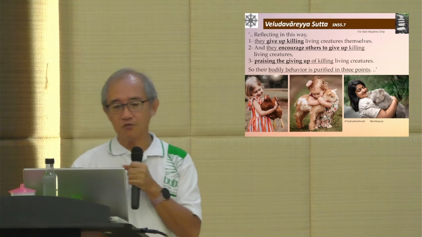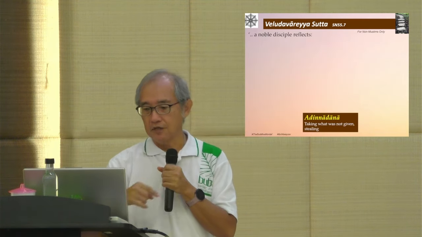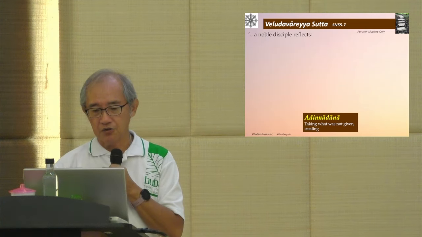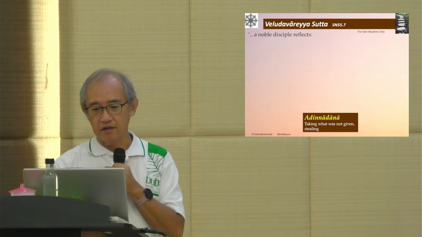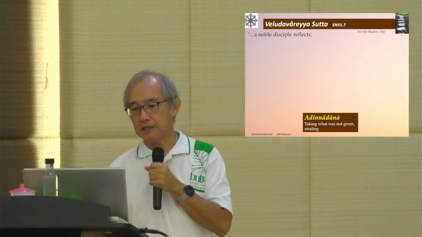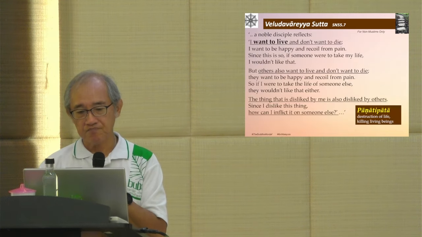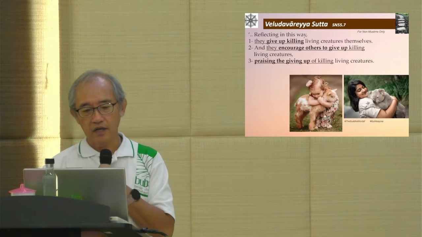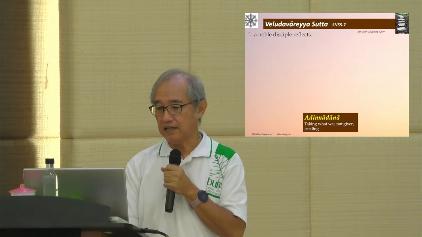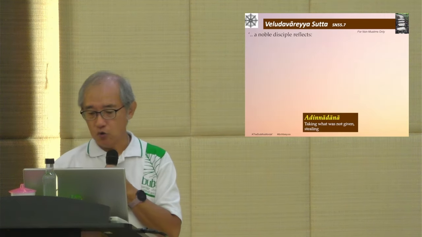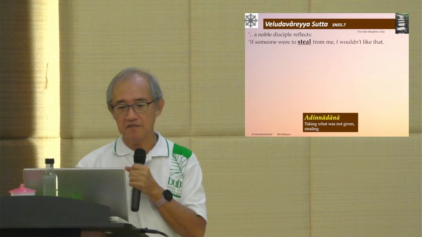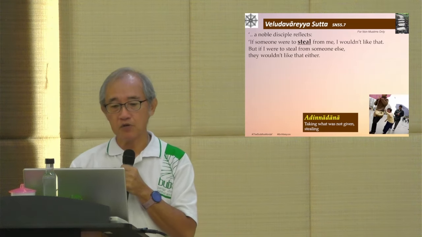And then the next one, notice at the bottom of the page, that's now the previous page, I showed what I call the Pali word on the bottom right, panatipata, destruction of life. This is the Pali as we recited just now. And here we have adinadana, taking what is not given. So a noble disciple reflects, if someone were to steal from me, I wouldn't like that.